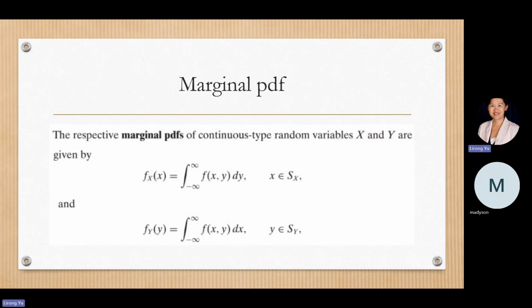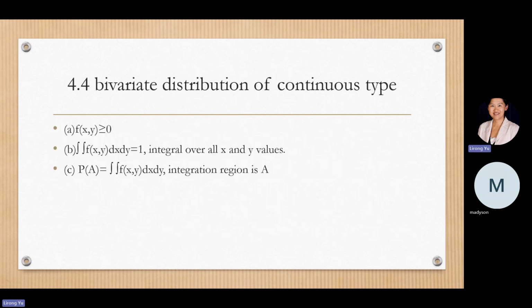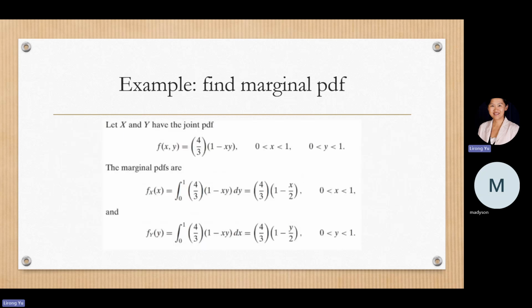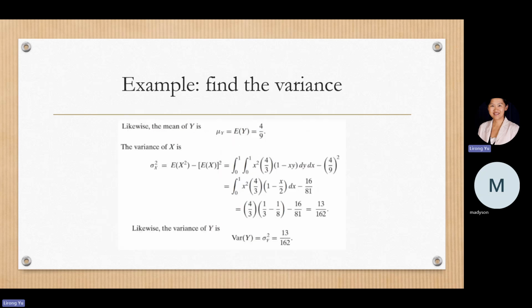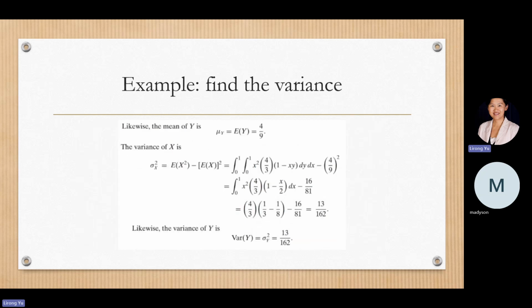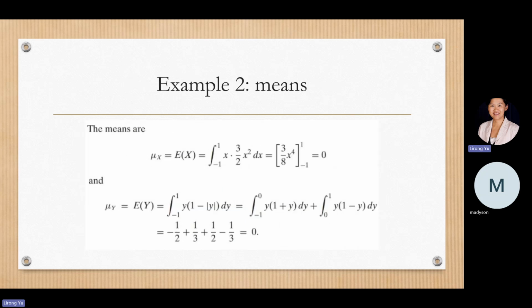Given the density function is a 2-variable function, if you integrate one of the variables off of it, you have a 1-variable function that's called a marginal probability density. We have a couple of examples practicing calculating the marginal probability, and those turn out to be integration exercises. Calculating variance is another integration. Actually, it's 2 integrations: integration for the mean and integration for the second moment, and then we subtract them.